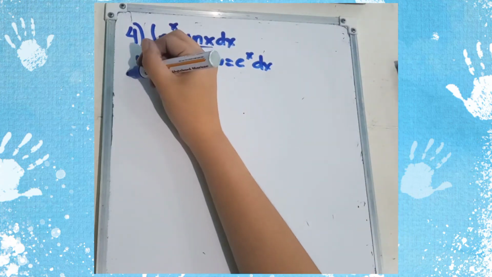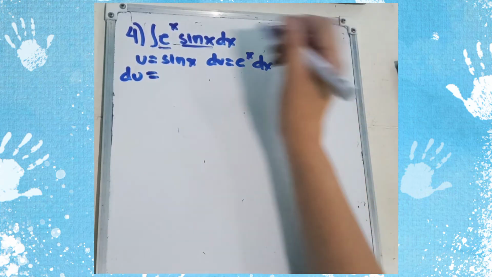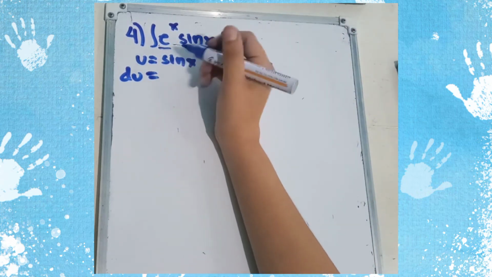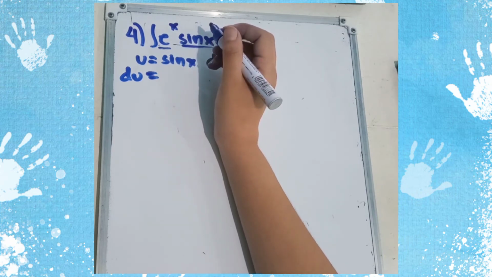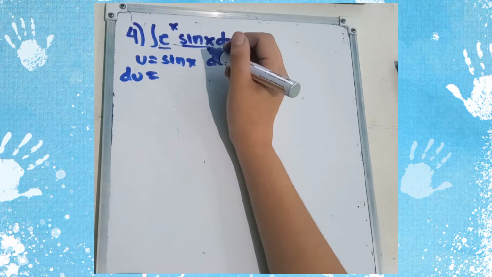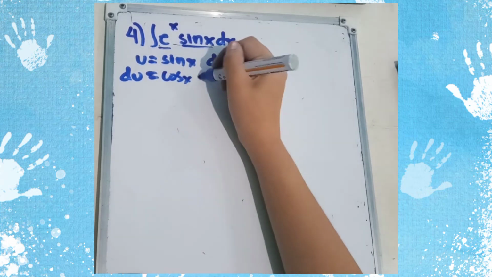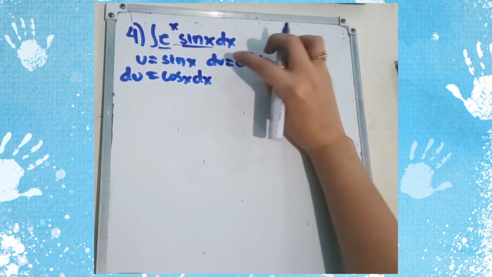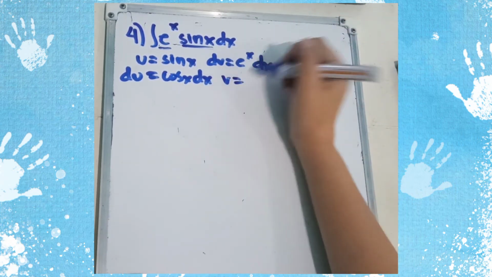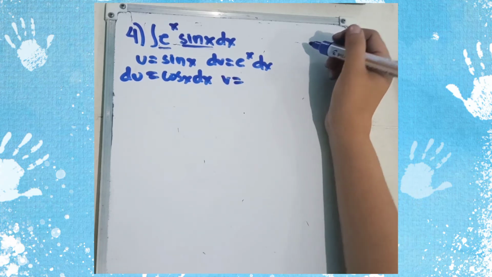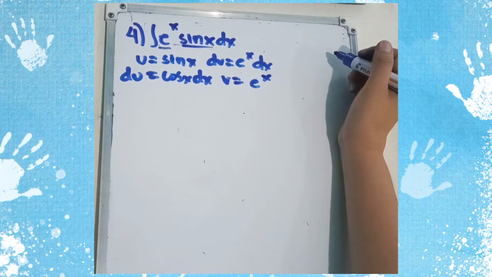So getting the derivative of u, as we all know, for the formula for the derivative of trigonometric functions, the derivative of sine x is cosine x dx. And for the integral of dv, the integral of e raised to x dx, that is simply e raised to x.